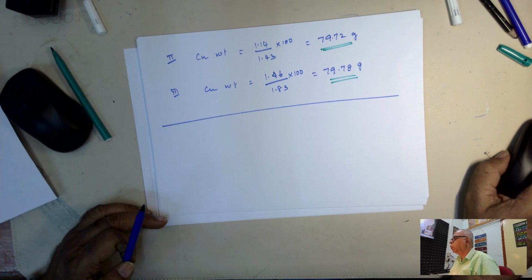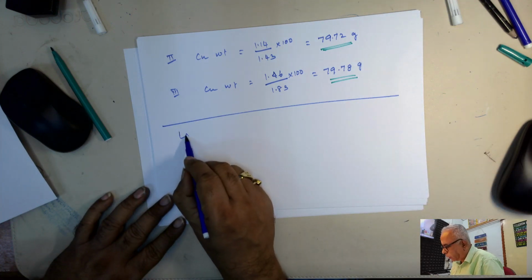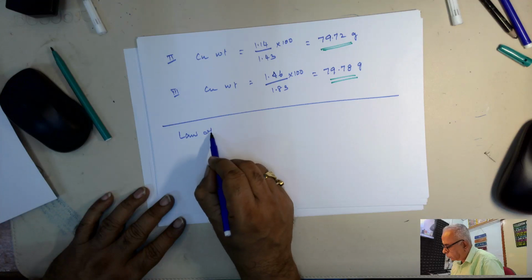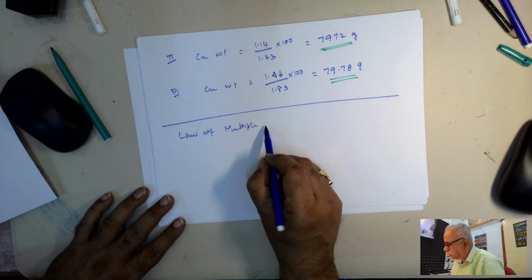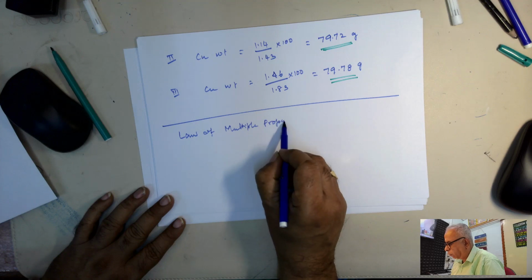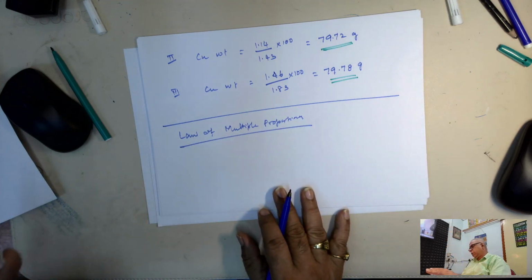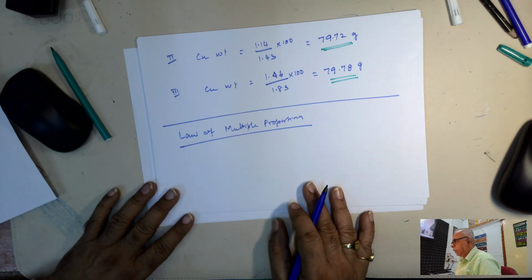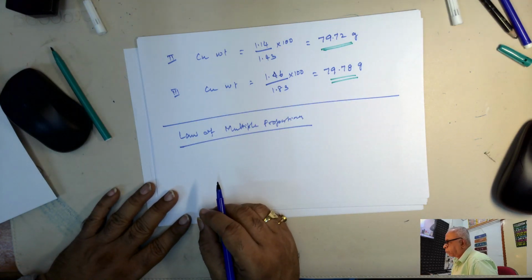Okay, note down: law of multiple proportions. That is the third law. Now, what does the law state here? It was proposed by Dalton in 1803.